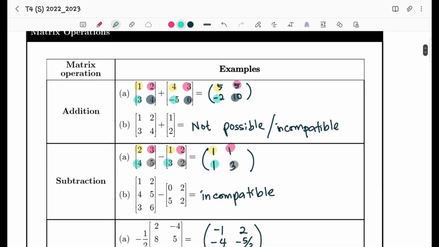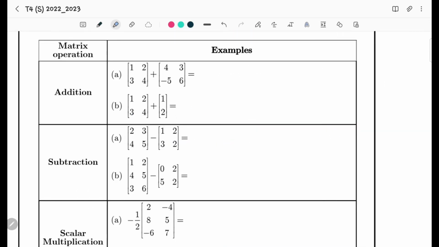Now matrix operations. Okay, so for addition, we'll add corresponding entries. So 1 plus 4 we'll get 5, and then 2 plus 3 we'll get 5. Next one, 3 plus -5 will be -2, and lastly 4 plus 6 will be 10.